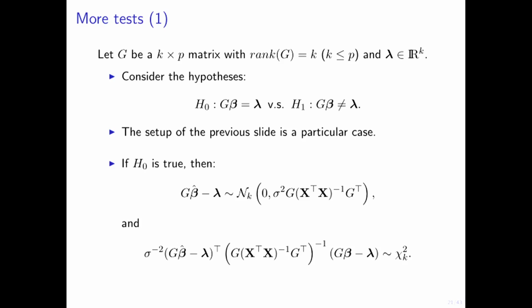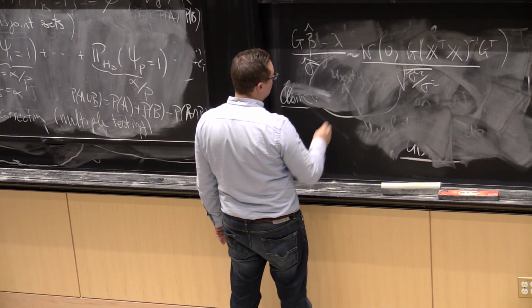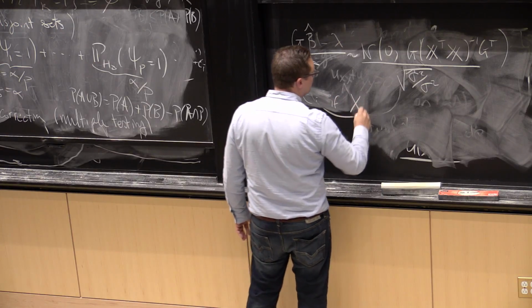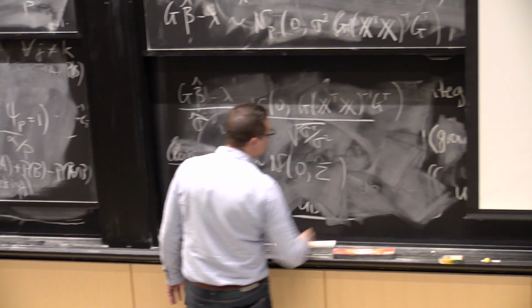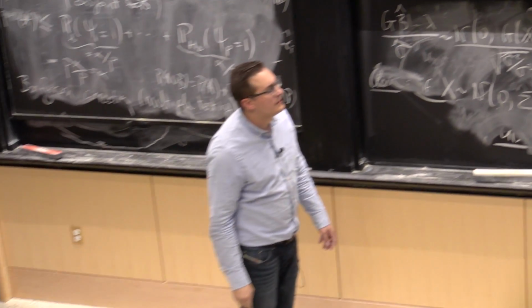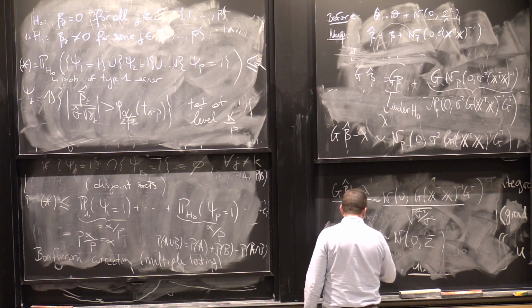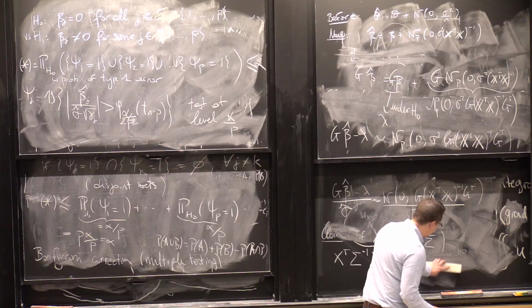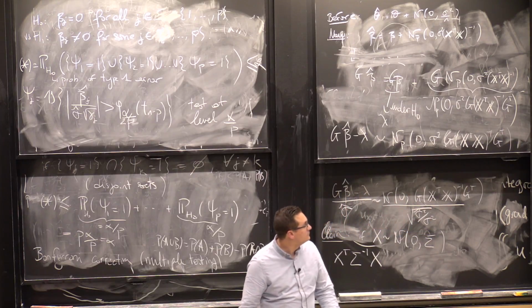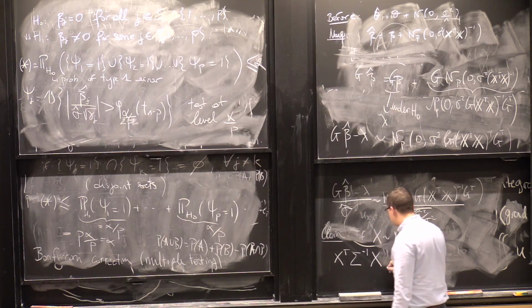So here's the claim. Again, another claim about a Gaussian vector. If X follows some N(0, sigma), then X transpose sigma inverse X follows some chi squared k.